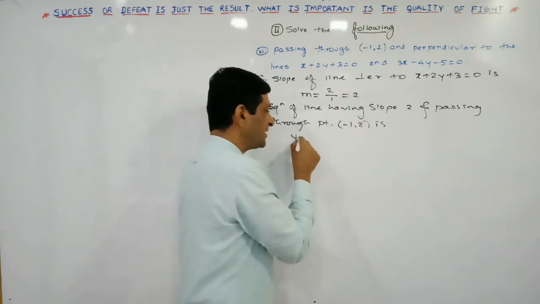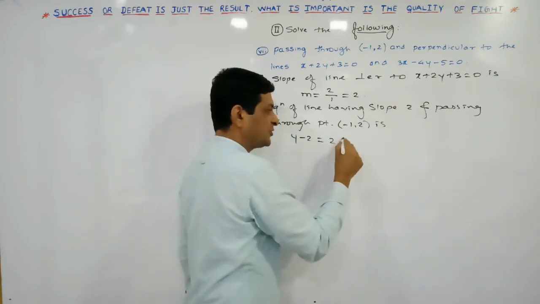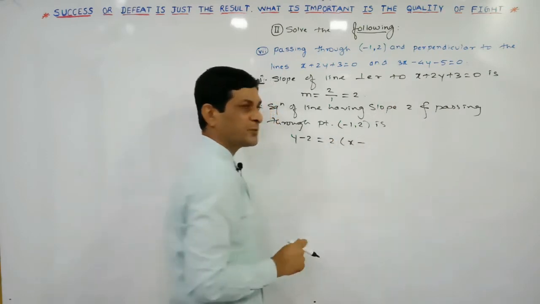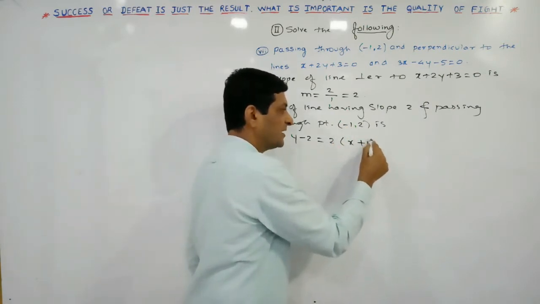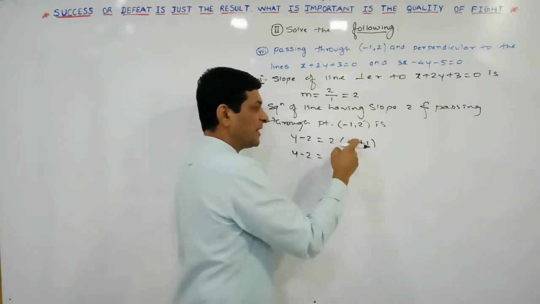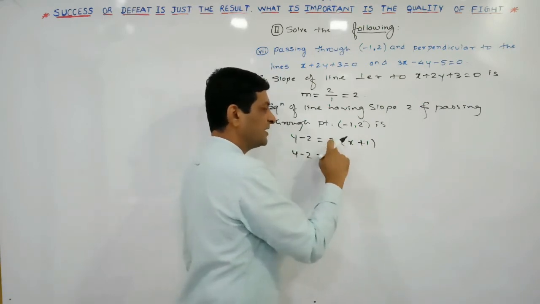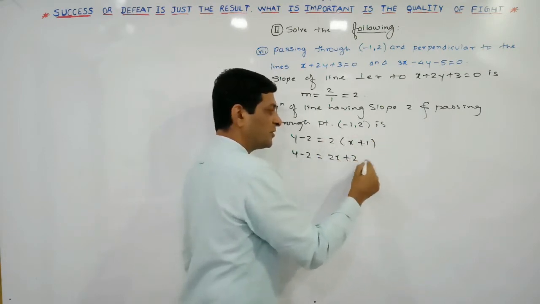What is y1 here? Minus 2. Is equal to m into, m is what? Slope, that is 2 into x minus x1. What is x1 here? 1. So this equation can be written as y minus 2 is equal to 2 into x, which is 2x, and 2 into minus 1 will be equal to minus 2.